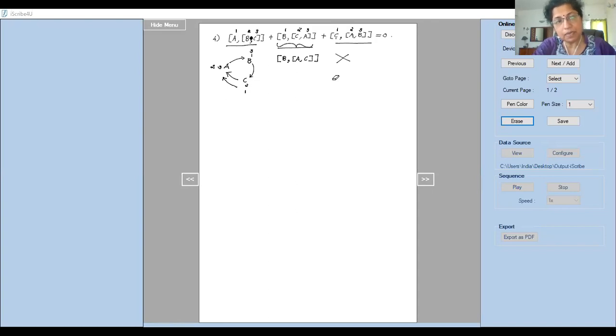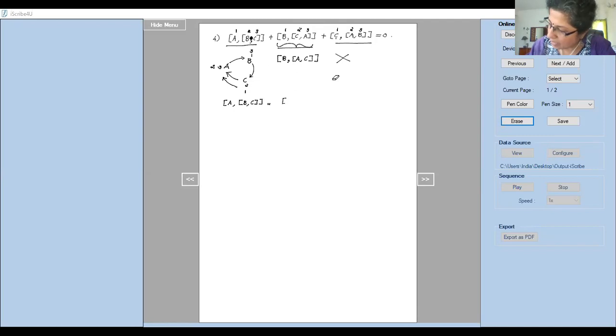Is this clear? Now here, people have tried to do it using property, the third property. You can definitely do it like that. So let me just show you. Your [A, B, C] is now what?